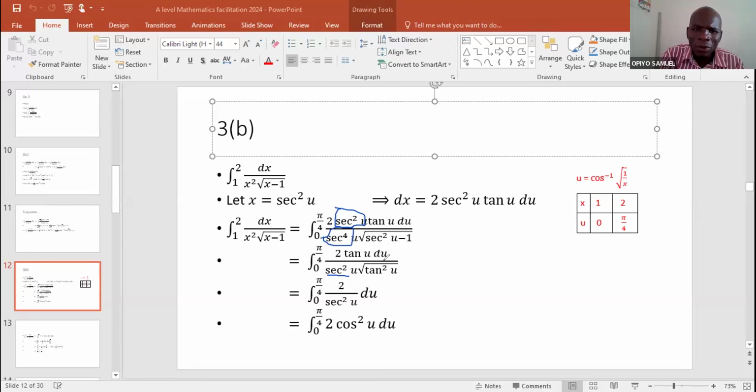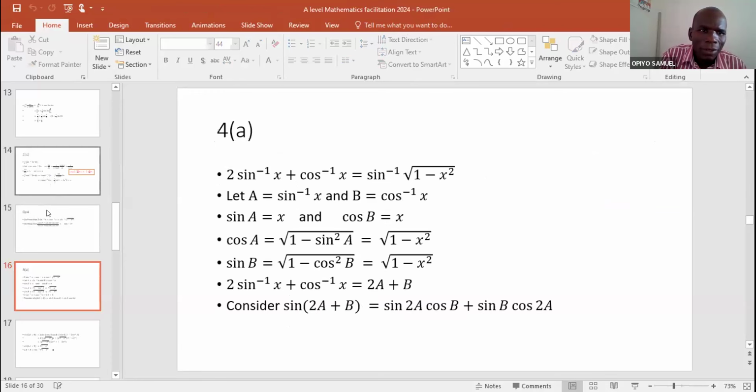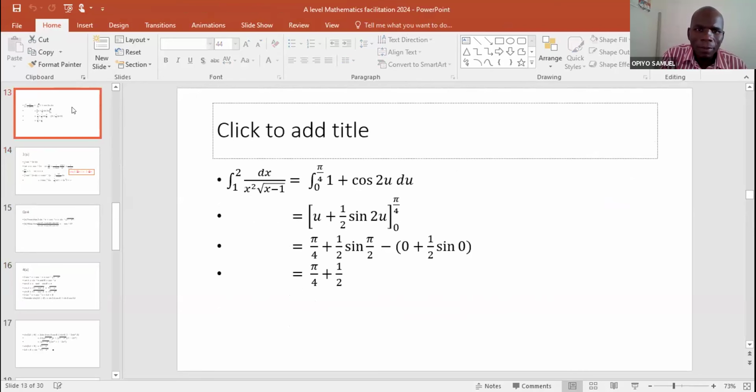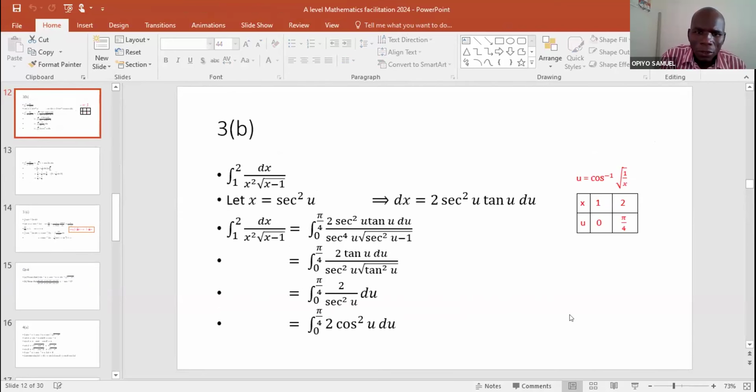So when you get the square root of tan squared, you get tan. The tan will cancel the upper one. So we remain with the expression 2 over sec squared u, which can be written as 2 cos squared u.